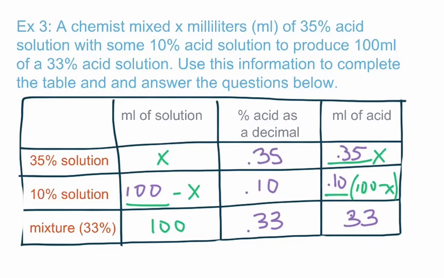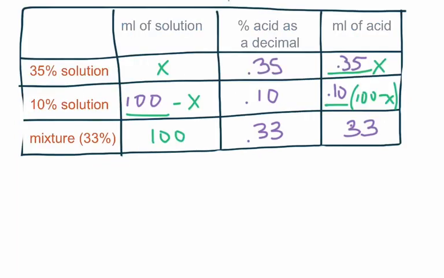Now, in addition to the table, there are some additional questions we're going to have to answer. Let's say we're trying to figure out an equation we could write to help us find the original amount of milliliters of the 35% solution and the milliliters of the 10% solution that we started with. Going back to the beginning, we have a chemist who has two beakers, or two graduated cylinders.